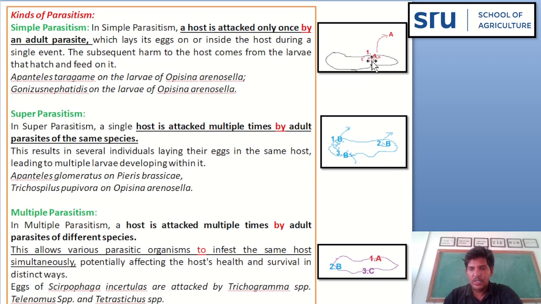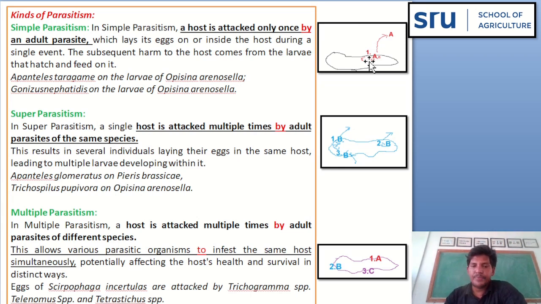After attacking, it leaves that host. During the attack, it lays its eggs on or in the body of the host, and the subsequent harm to this host comes from the larvae that hatch from that egg, and these larvae feed on the host.